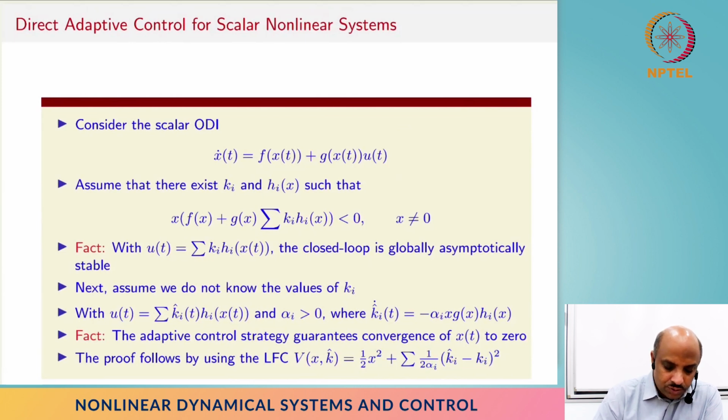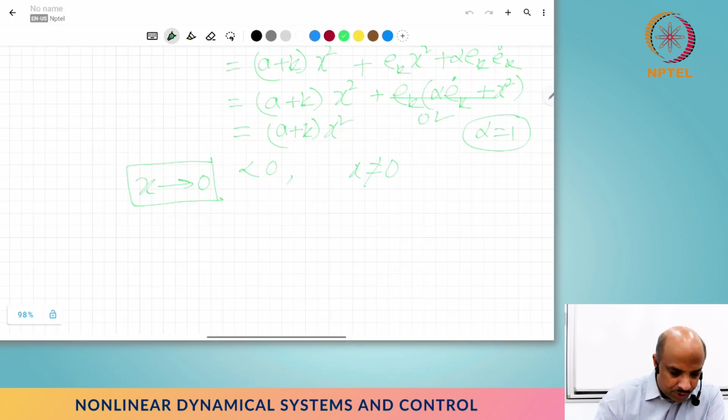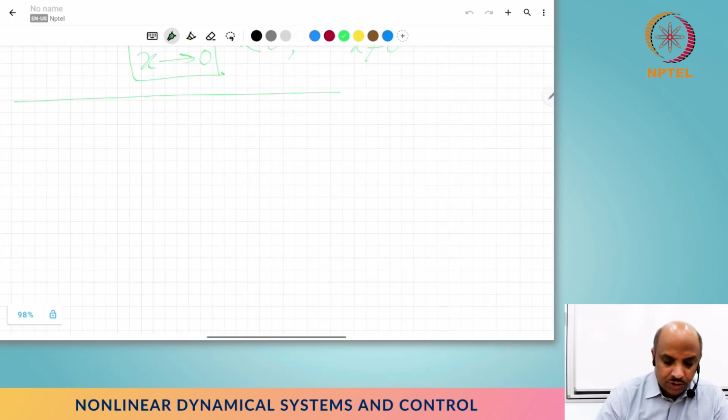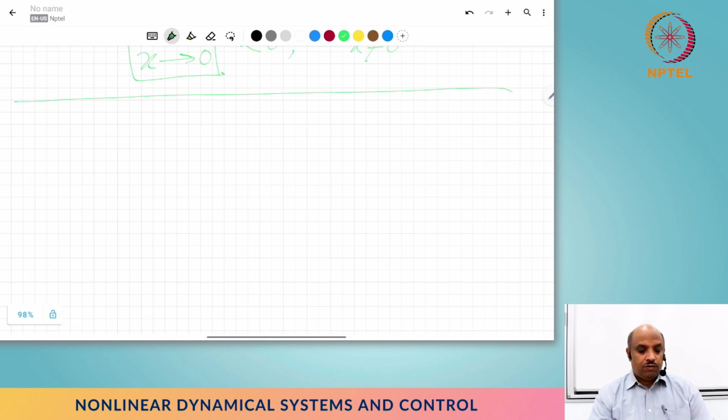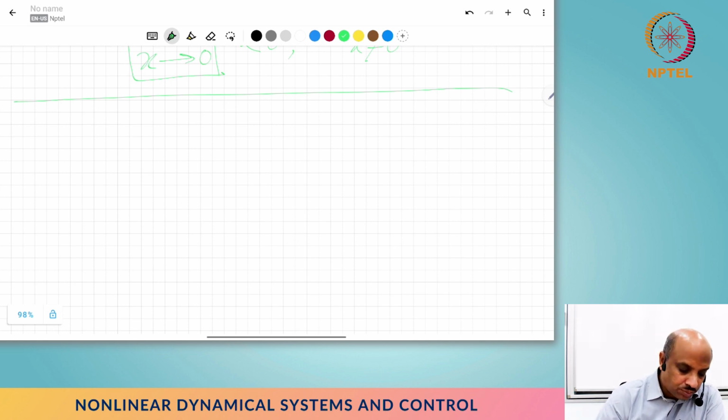The proof follows from this Lyapunov function, right? So let us see the proof once more, just to see how this technique works. Like I said, the important thing for you to pay attention to is how I'm deriving the adaptive control laws more than the exact result, right?